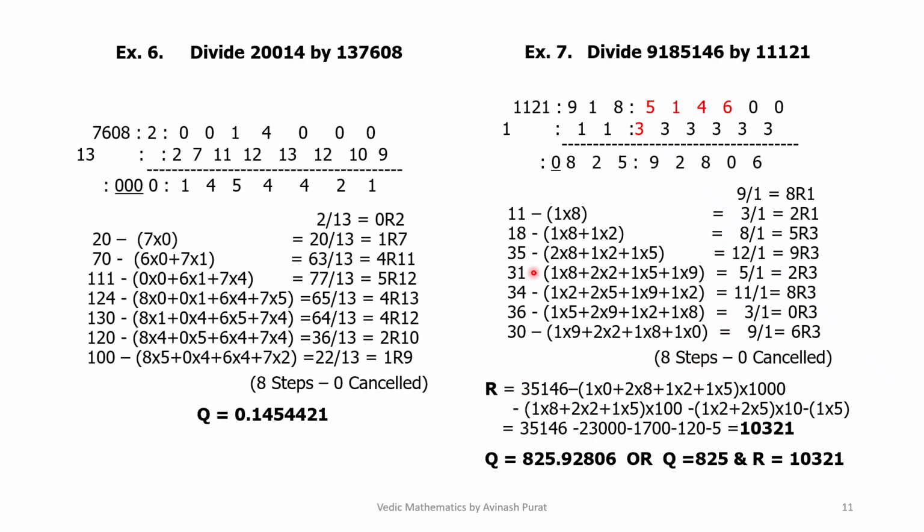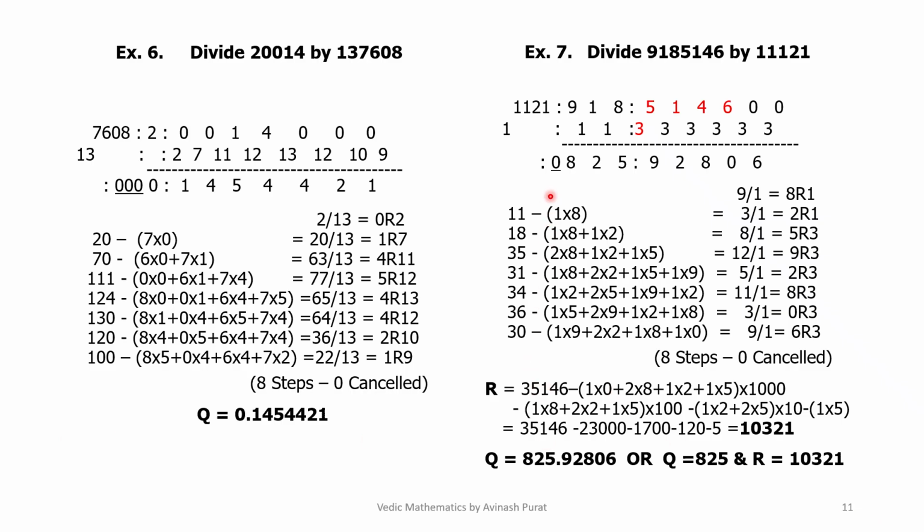So the remainder is 35146 minus 1 into 0 plus 1 into 0 plus 2 into 8 plus 1 into 1 plus 1 into 5, multiplied by 1000.